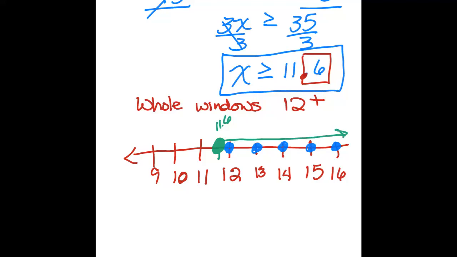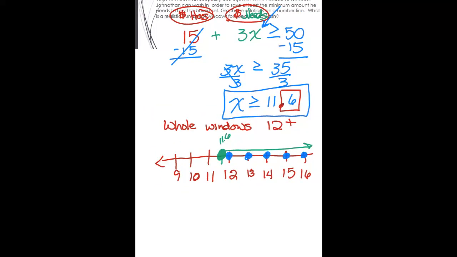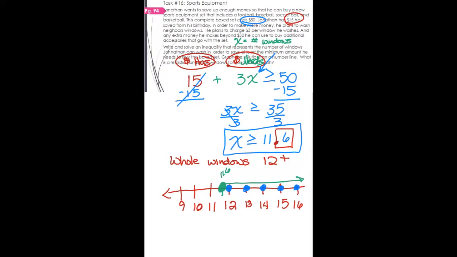We would put a closed circle with an arrow, but when it becomes a real problem talking about real life and windows, you don't have 11.6 windows, so that's why we have the graph as 12, 13, 14, 15, 16, okay? Make sure you know the difference. Is this just a math equation, or is this equation dealing with the real problem? Okay? Any questions about this one single problem that we did today?